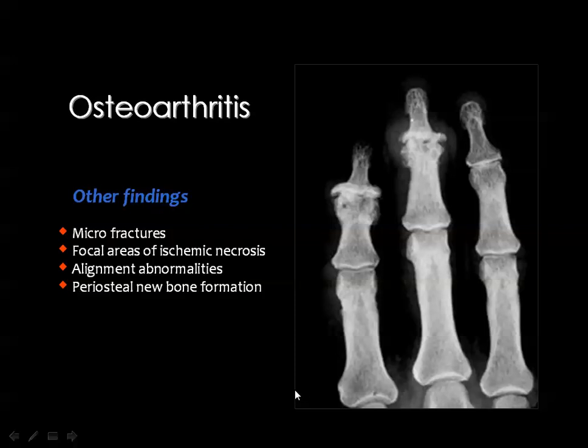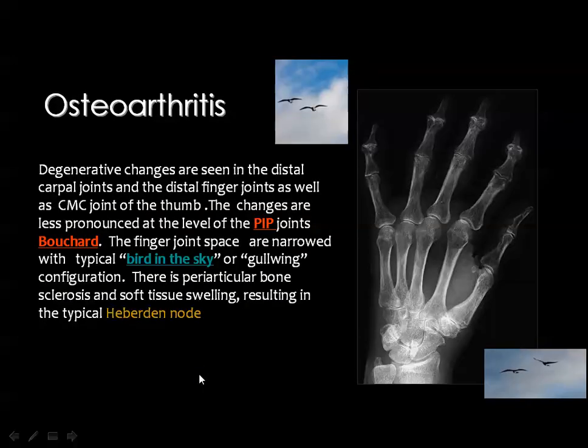And in the hand there may be other manifestations like very small microfractures that are seen with magnification radiographs. Also some areas of ischemic bone necrosis. There may be alignment deformities, and sometimes you can see periosteal new bone formation.